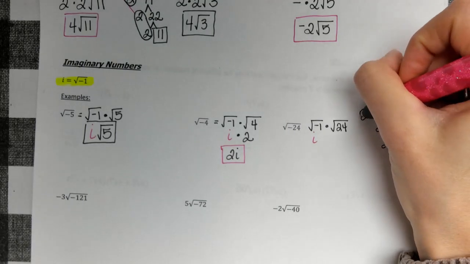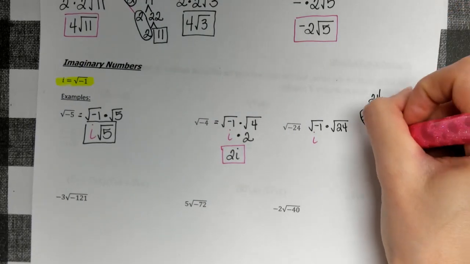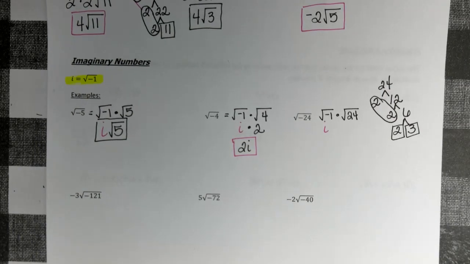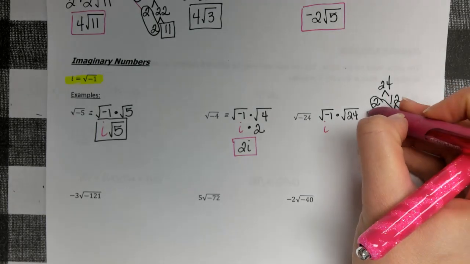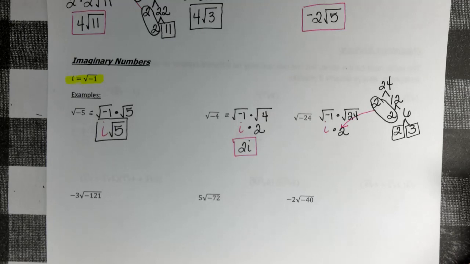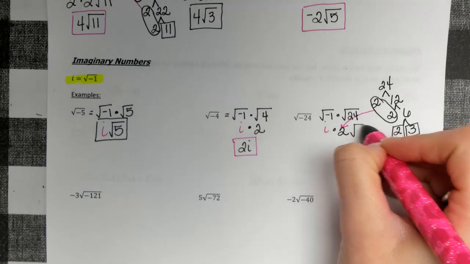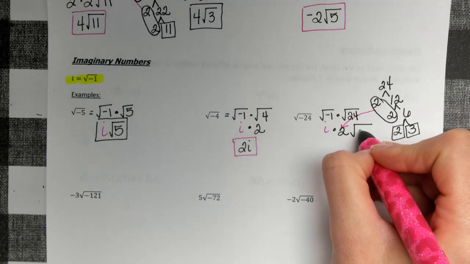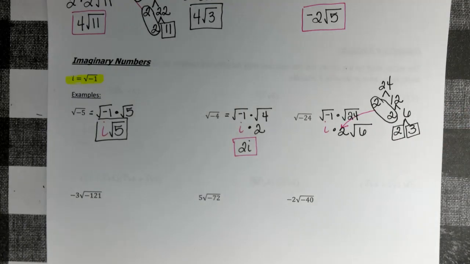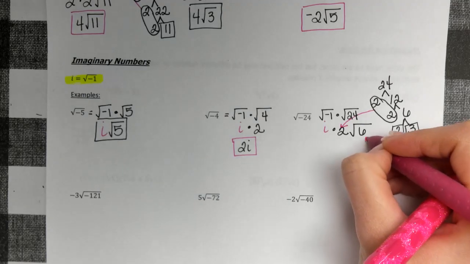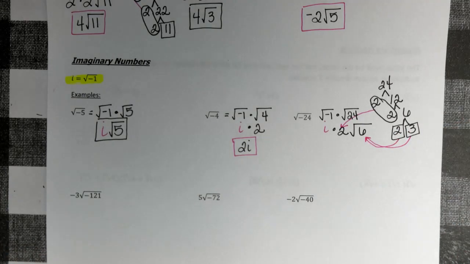So I have a pair of 2s, and my 2 and my 3 are left over. Okay? So I'm going to bring out this 2, and then I've got 2 times 3 under the radical, which is going to give me 6. So you multiply the 2 and the 3 together.